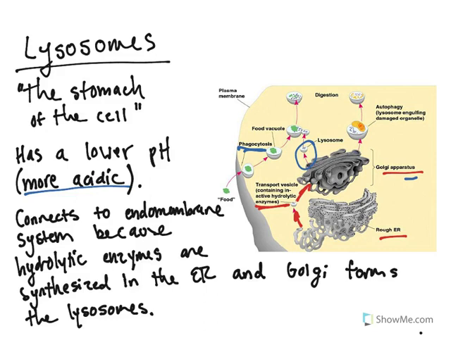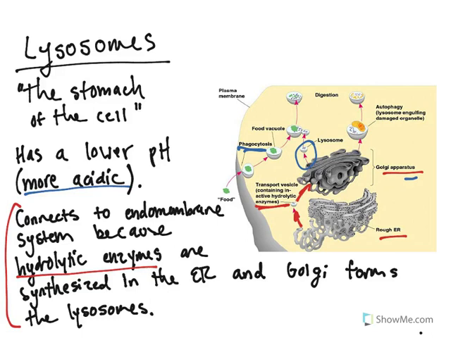So again, I wanted to reiterate down here, because sometimes I feel like it gets confusing. You don't really see how lysosomes fit into the puzzle that is the endomembrane system. But remember, these are created with hydrolytic enzymes that are synthesized in the rough ER, and they're sent to the Golgi, and the Golgi actually forms the lysosomes.